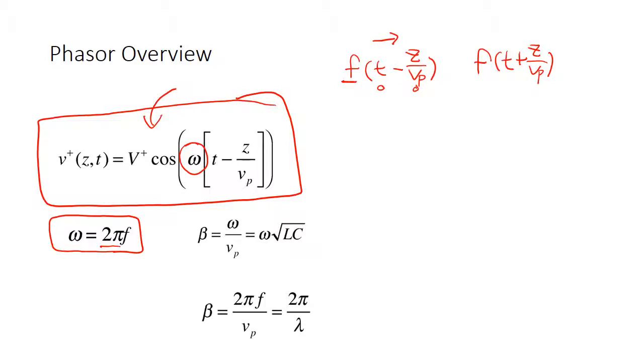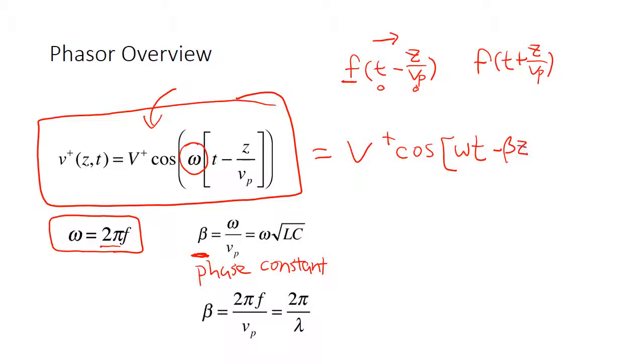We will also later on introduce the concept of phase term beta. This beta term we will call the phase constant. The reason that we introduce this is so that we can rewrite this sinusoid as an amplitude times cosine of omega t minus beta z.